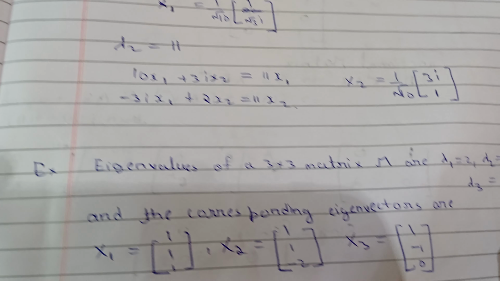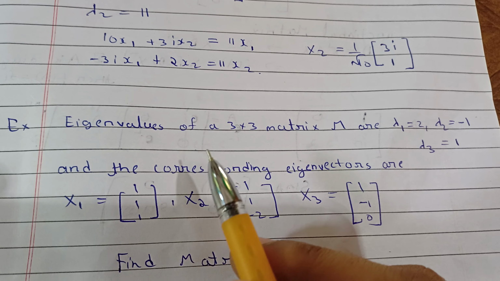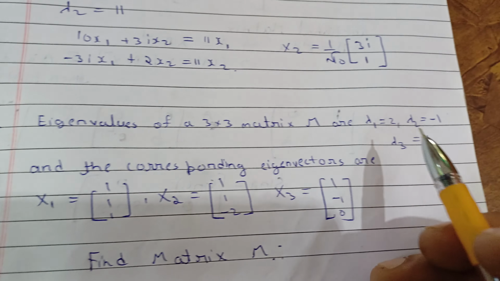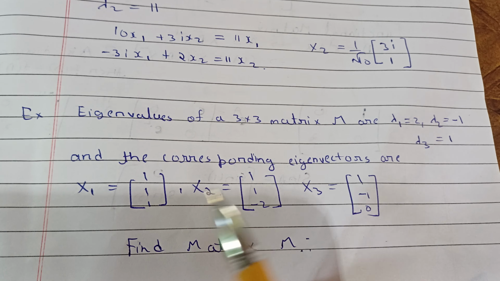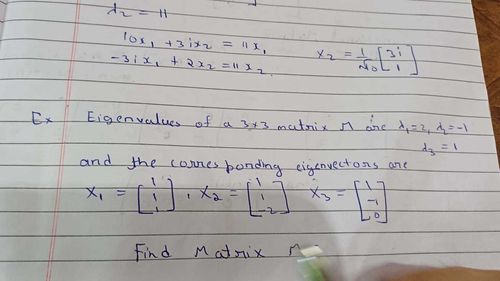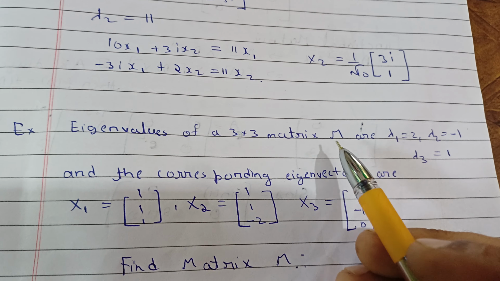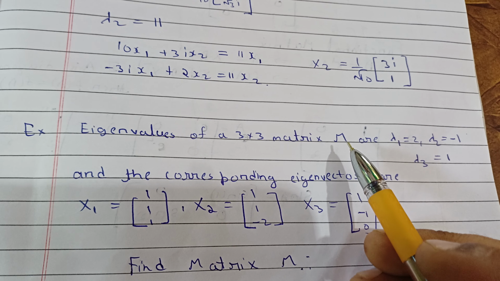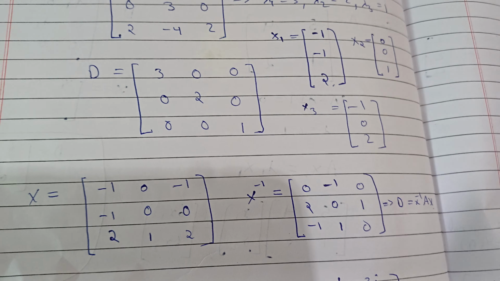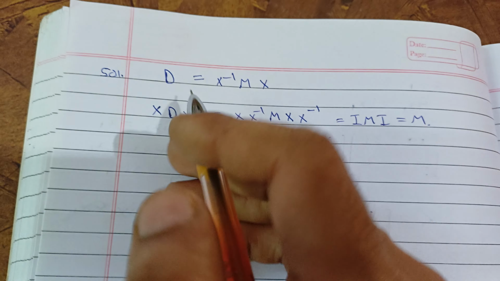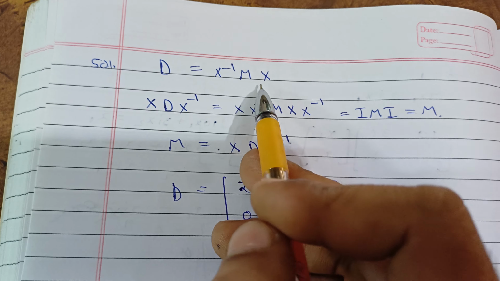Now there is one more kind of question that can be asked. Eigenvalues of a 3 into 3 matrix are these. Eigenvalues are given. Now the corresponding eigenvectors are also given, and we need to find the matrix M. So you know how we can find this? A diagonal matrix will be given by x inverse M x.